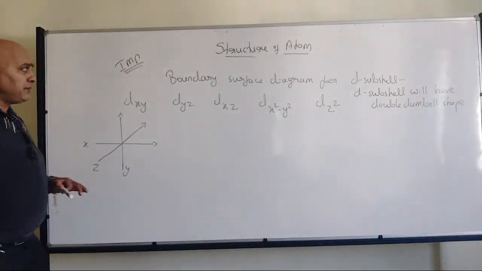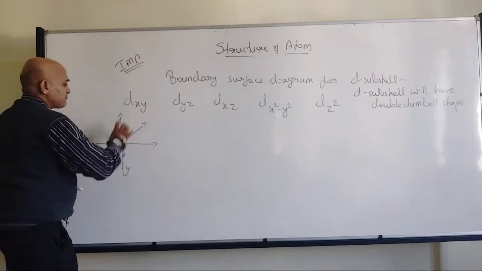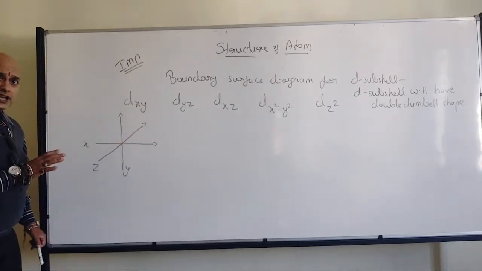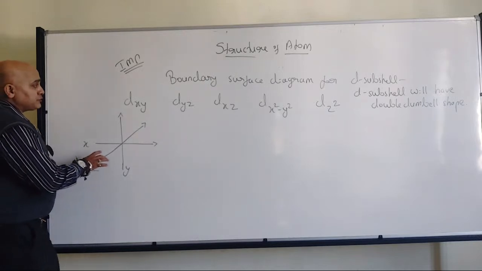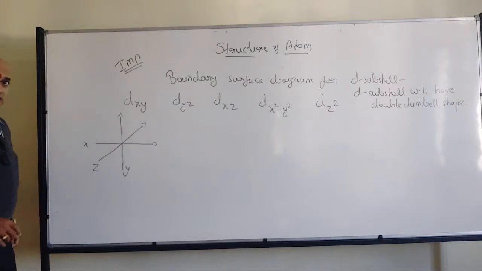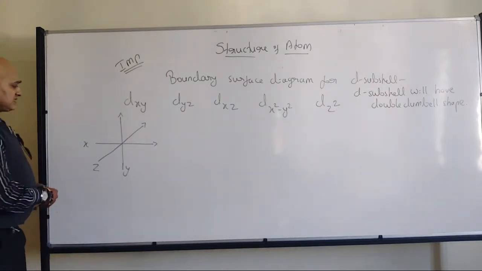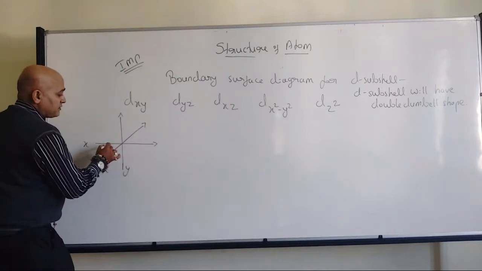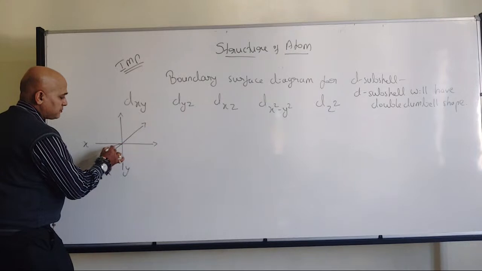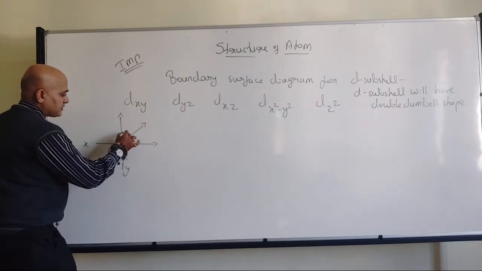So what you can remember here is dxy, whenever it is asked, whatever orbitals will be there, dumbbell shape will be there, it should be present between x-axis and y-axis. So this is the one, present between them.